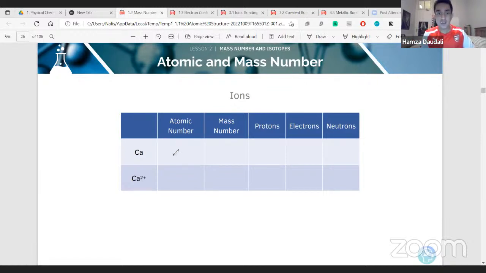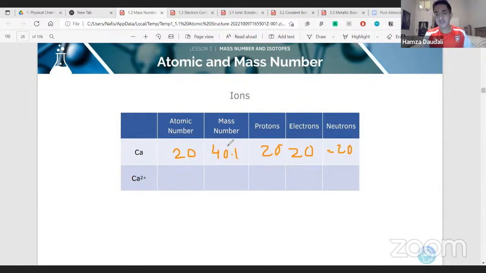So calcium has an atomic number of 20 and a mass number of 40.1. That indicates that it has 20 protons, 20 electrons in the atomic form, and it has around 20 neutrons. Can anyone tell me why the mass number for calcium is a decimal?